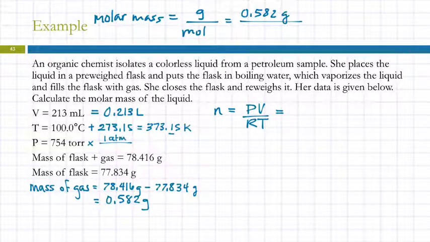So 1 atmosphere is 760 torr. So 0.99210 atmospheres.